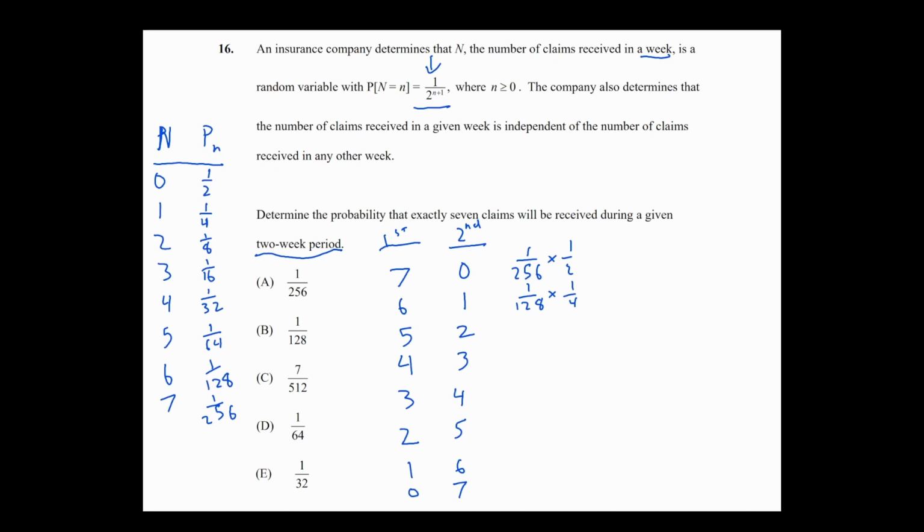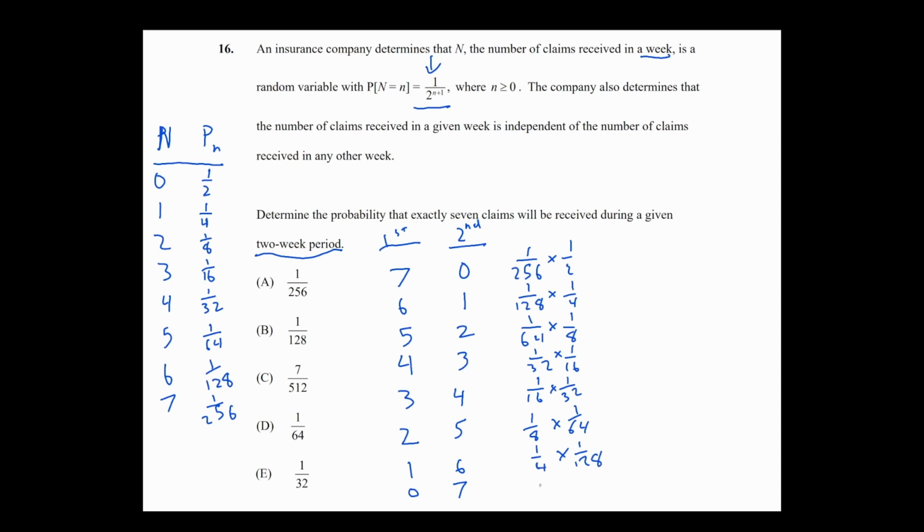And for the third possibility, 5 claims in the first week, 1 over 64 times 1 over 8, then 1 over 32 times 1 over 16, then 1 over 16 times 1 over 32, 1 over 8 times 1 over 64, and then 1 over 4 times 1 over 128.